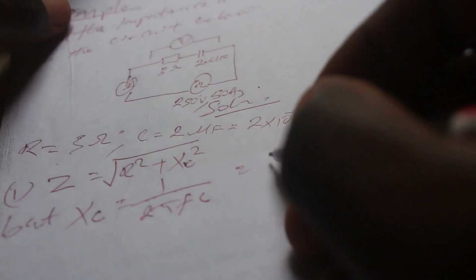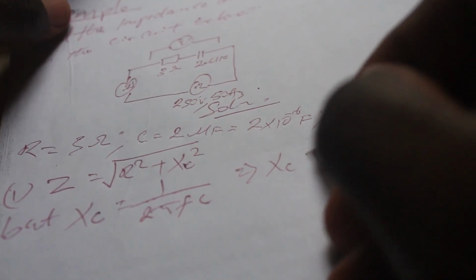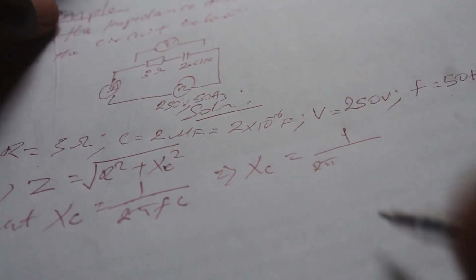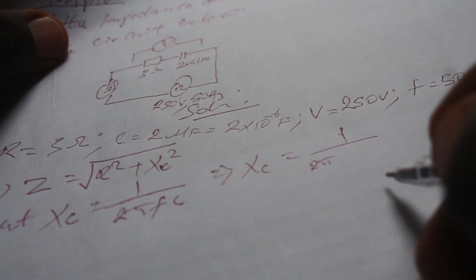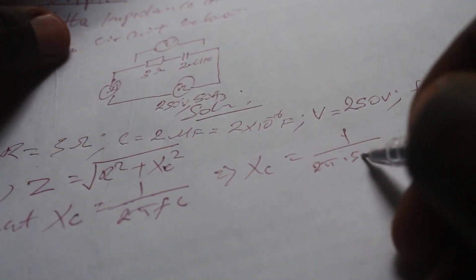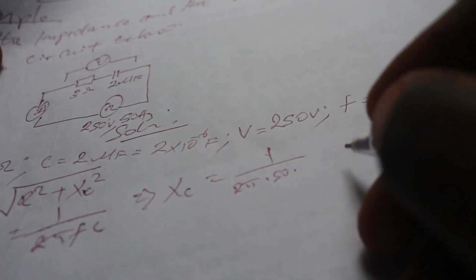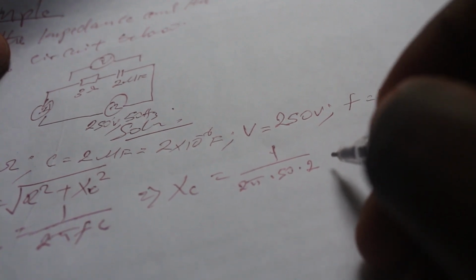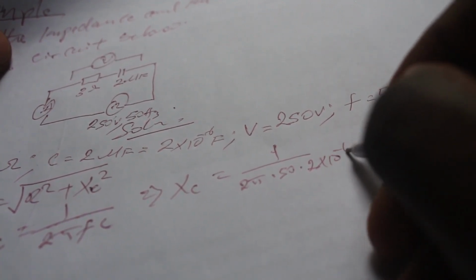So that implies that the capacitive reactance is 1 over 2 pi, what is f? f is 50, multiplied by 50, multiplied by what is C? 2 microfarad, which is 2 times 10 to the power of minus 6 farad.